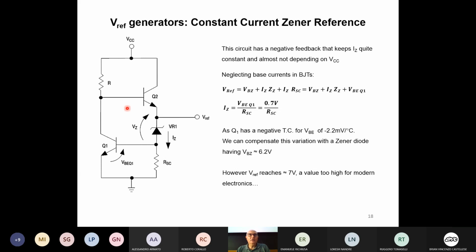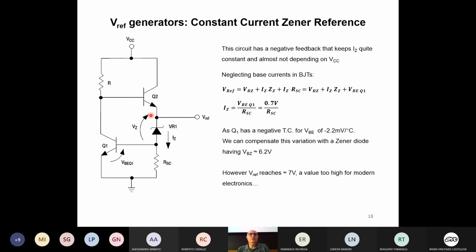If the circuit is working, I suppose that all the transistors are in their active region. So the BJTs are in their active region. They are not saturated nor interdicted. This means that the base to emitter voltages of the two transistors are those 0.7 volts that we know.